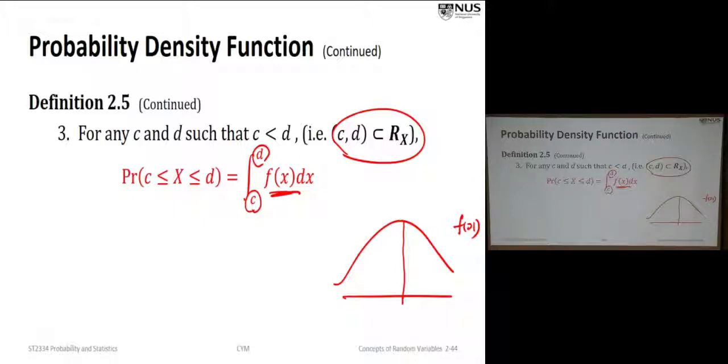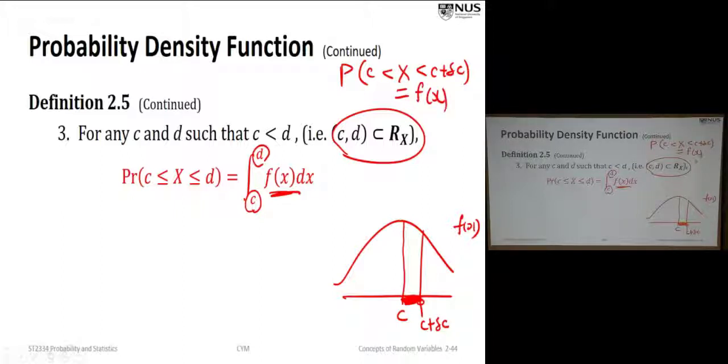But what we really talk about is that, let's say this is C, and this is C plus delta C. Mathematicians like to use Greek letters, delta C. So it's saying that the probability that the random variable is between C and C plus delta C, that means how likely the random variable takes a value here, is equal to f of X, the density function, times the width.